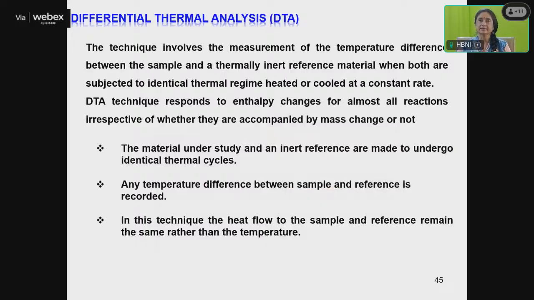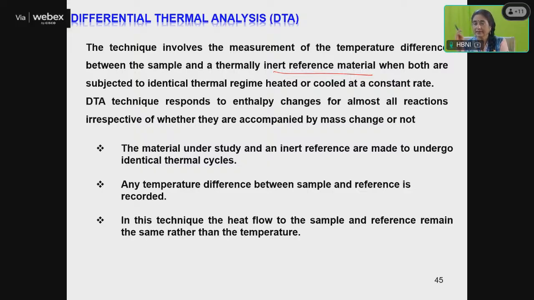Now DTA analysis. What is differential thermal analysis? This technique involves the measurement of the temperature difference between the sample and a thermally inert reference material. So now it is differential thermal analysis. There, only the sample you were taking. Here, along with the sample, you will be taking one reference material.